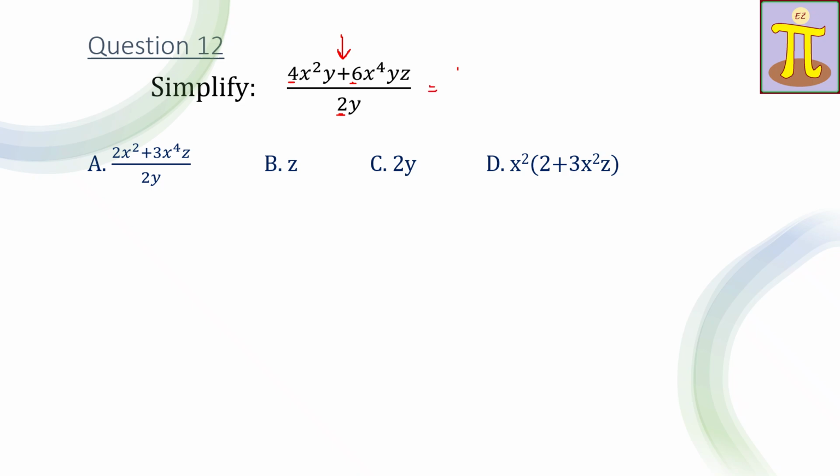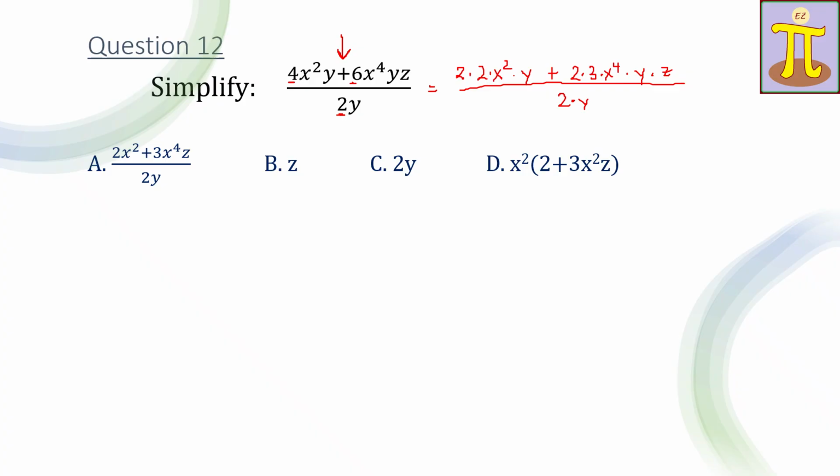You will see 4 is 2 times 2 times x squared times y, plus 6 is 2 times 3 times x to the power of 4 times y times z, all over 2 times y.